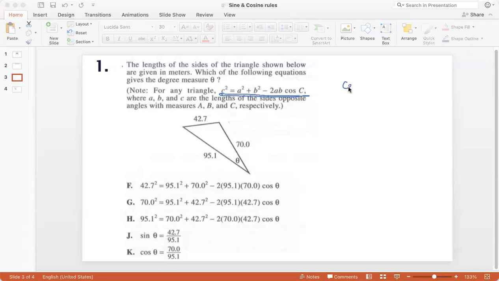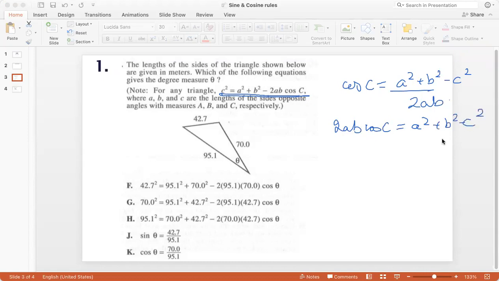If you work with cos C is a squared plus b squared minus c squared over 2ab, then 2ab cos C is a squared plus b squared minus c squared. So you can say that c squared is a squared plus b squared minus 2ab cos C. So this is just another representation of the cosine rule.